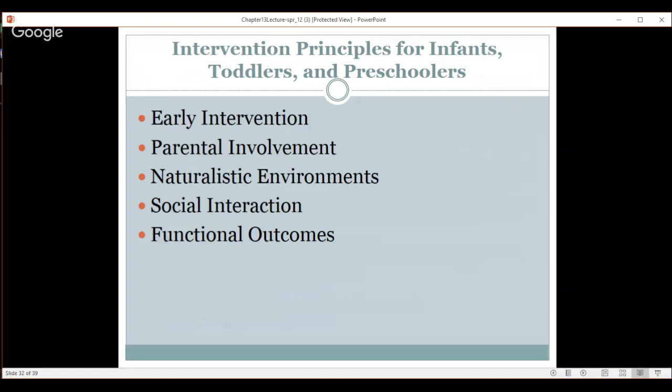Parents need to be extremely involved in learning strategies and then implementing those strategies that they've learned from an audiologist or a speech language pathologist with their child on a daily basis. And using these strategies and intervention methods in naturalistic environments is going to be optimal for the child, because those are the environments that they're going to be learning in.